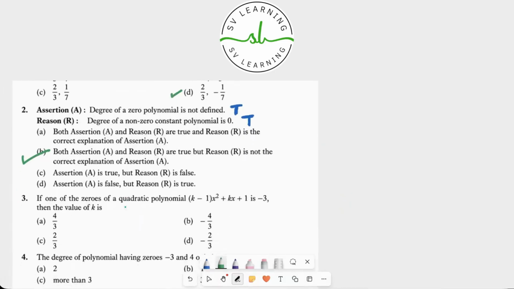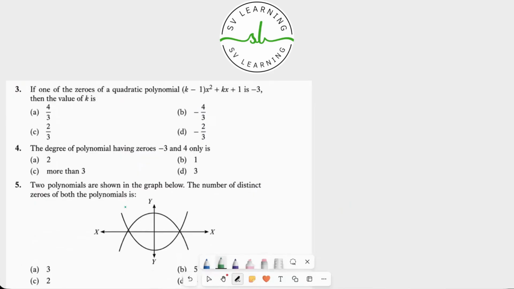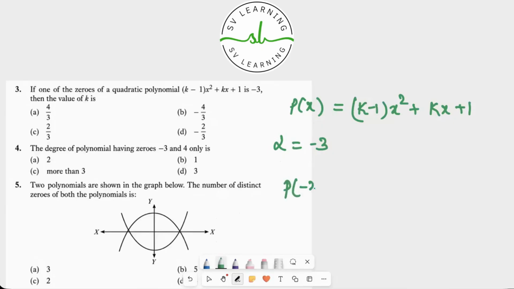So now quickly move on to the third one. This is another important categorization of question here. If one of the zeros is given, so whenever a polynomial is given to you, let's say p(x) is equal to k minus 1 x square plus kx plus 1. Now zero is given as minus 3. So what I will do, I will substitute minus 3 in my polynomial.